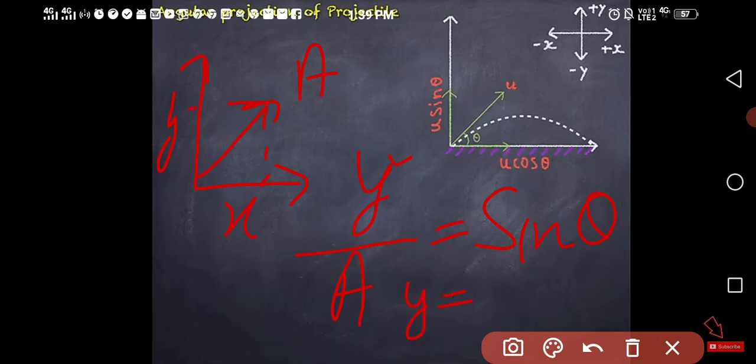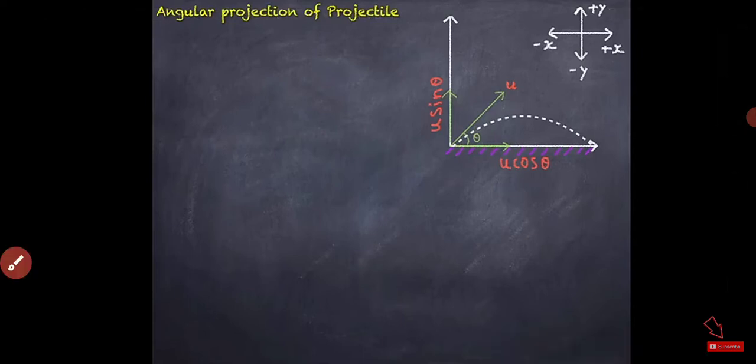That means y is equal to a sin theta. So dear students, whenever we resolve a vector into its components, its horizontal component will be the vector times cos theta and the vertical component will be the vector times sin theta.